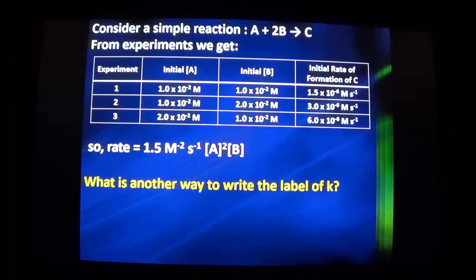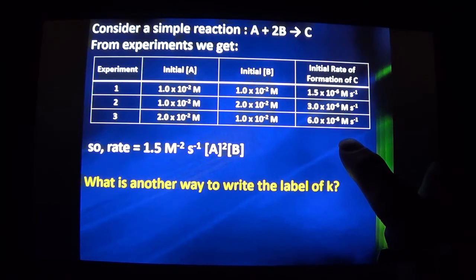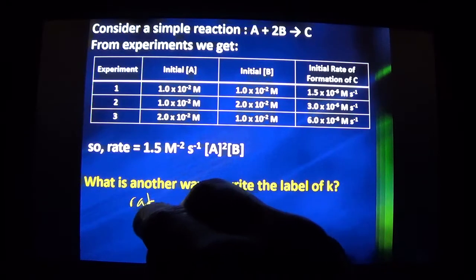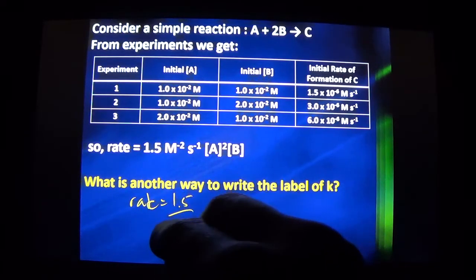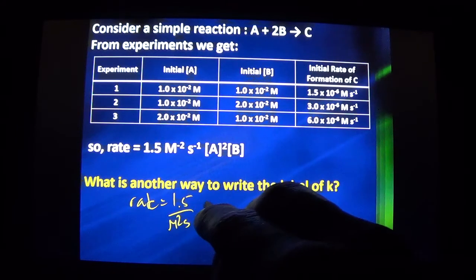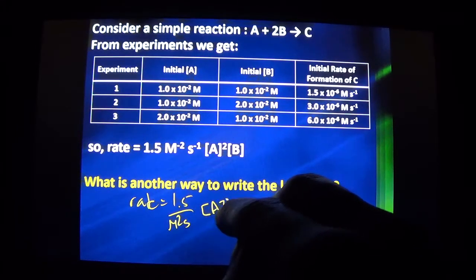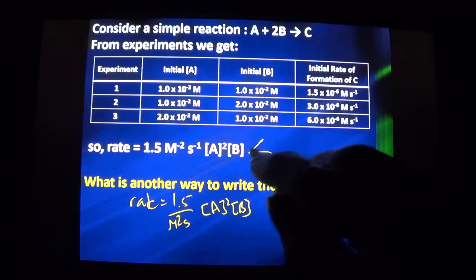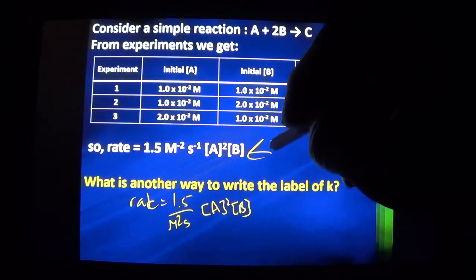All right, so what do we know so far? Now we know this. And as I've already discussed, what's the other way to write the label for K? You could write it as a fraction. So we could have said rate is equal to 1.5 over molarity squared per second, times concentration of A squared concentration B. This is what we call our rate law for this reaction.